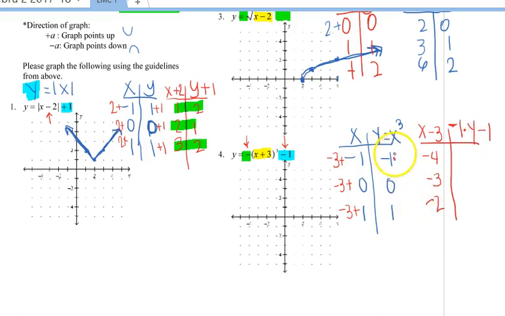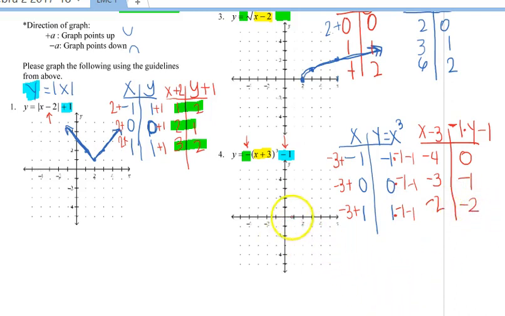The negative comes first, so I'm going to multiply by -1, and then I'm going to subtract 1. Okay, so negative times negative is positive, so 1 minus 1 makes 0. 0 times negative 1 is 0, minus 1 is a negative 1. Negative 1 minus 1 is a negative 2.